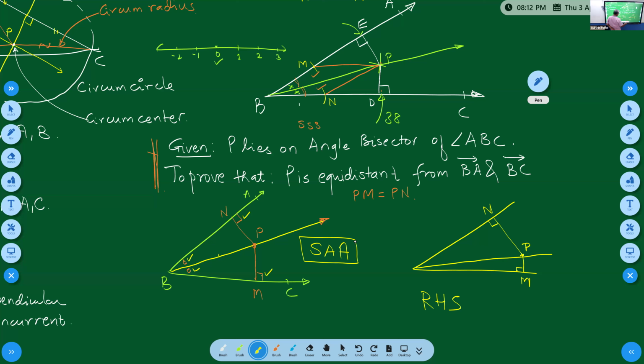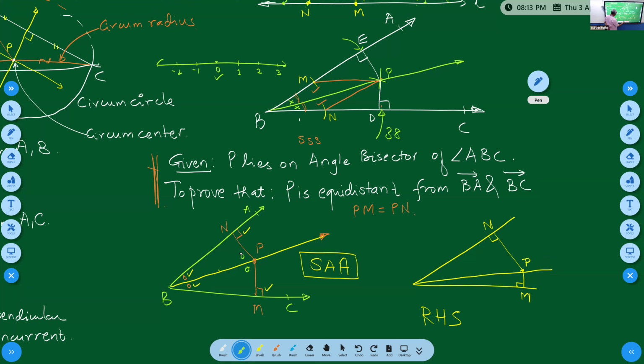We don't stop here, we move on. These two triangles are easy to prove. And of course, if you do a little bit of work and prove that this angle is also equal to this, because the sum total is 180, you can use ASA also. But SAA is made for this.